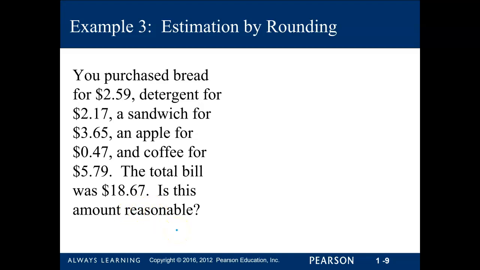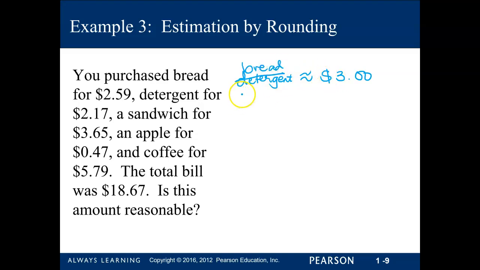So for you to be able to do it quickly, what we can do is round off each of these costs to a whole number, to $1. Okay? So let's have the burger. The burger is $2.59. So let's just give it as $3. Okay? Sorry, the bread, my bad.